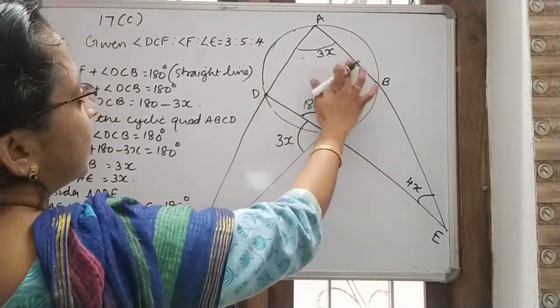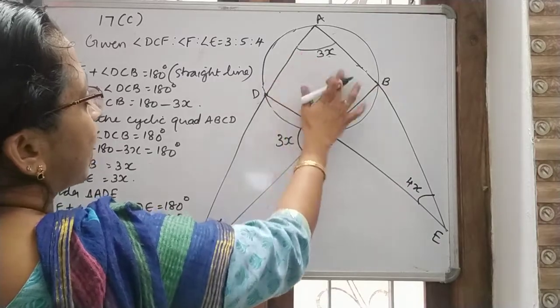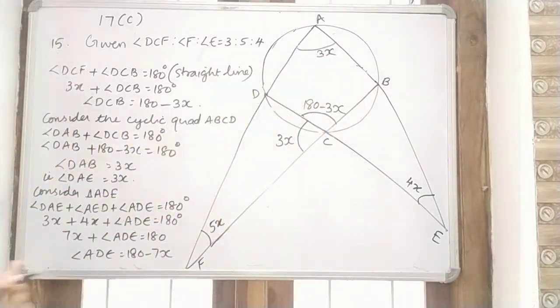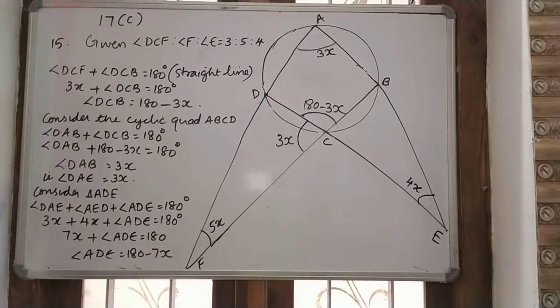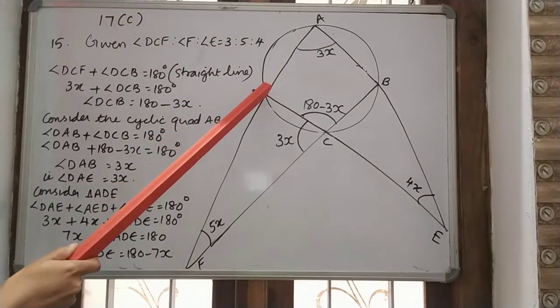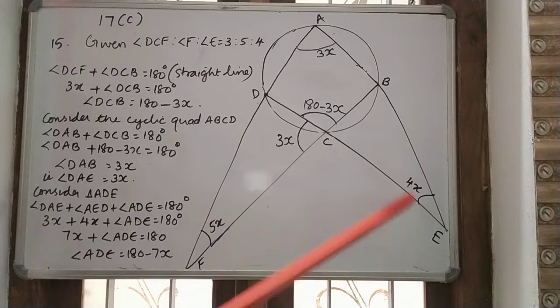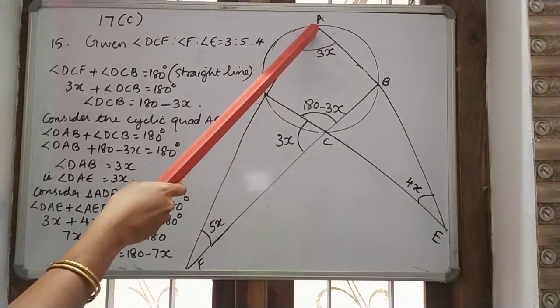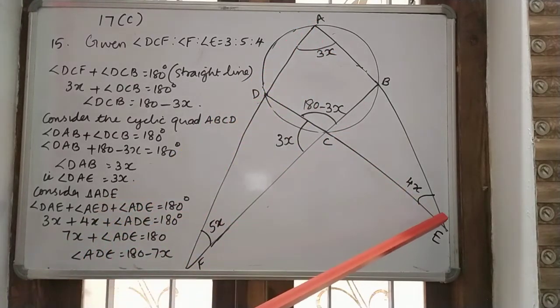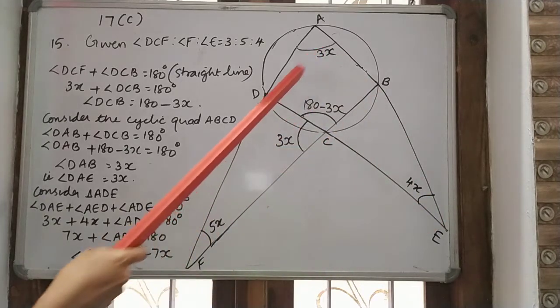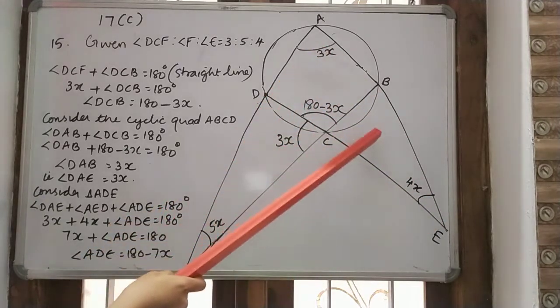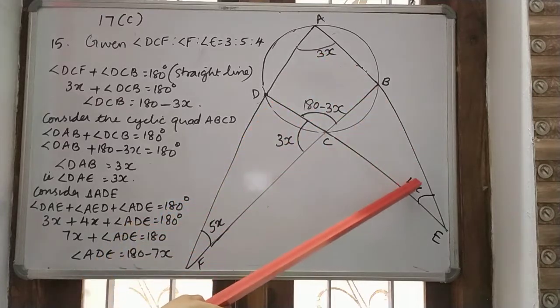Okay, next consider the triangle ADE. Angle A plus angle D plus angle E will be 180 degrees, that is, the sum of angles of a triangle is equal to 180 degrees. So 3x we have, 4x we have.